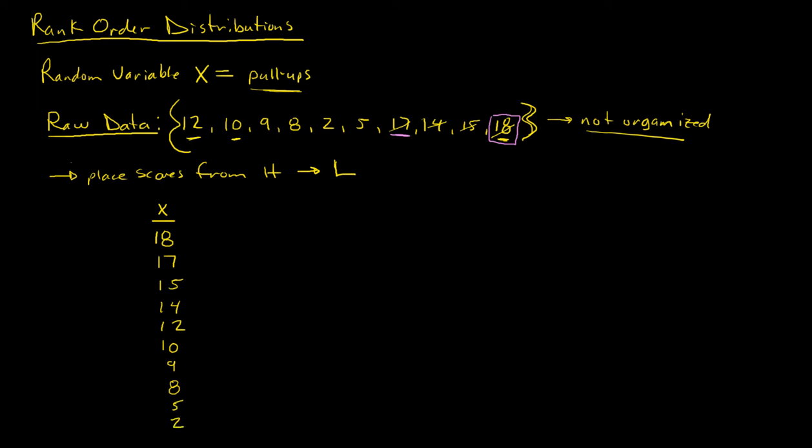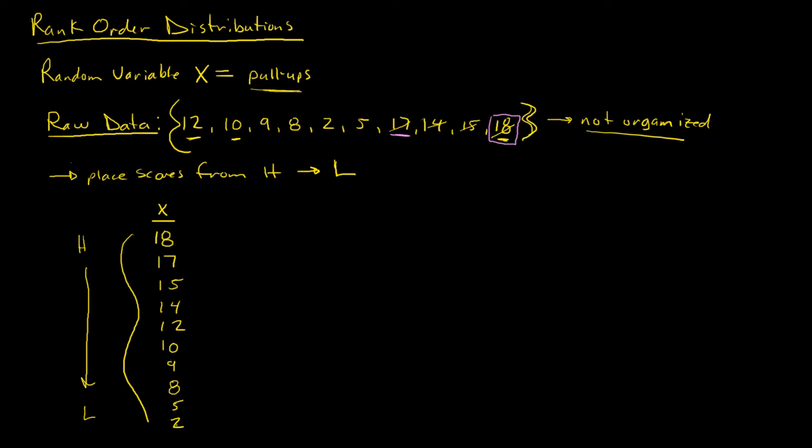So 1, 2, 3, 4, 5, 6, 7, 8, 9, 10. All 10 of our numbers are now in this master rank ordered list, going from the highest score to the lowest score. And this is a rank order distribution.